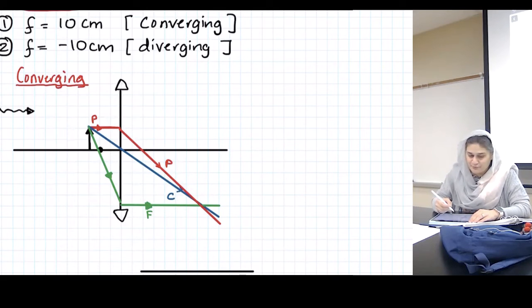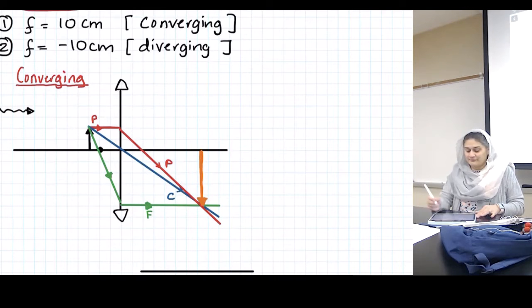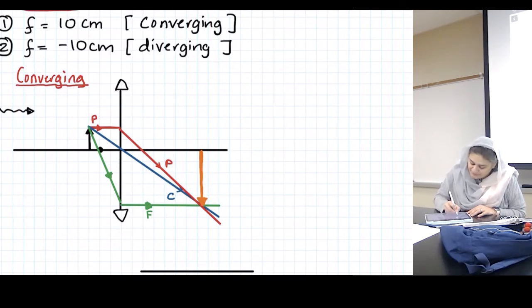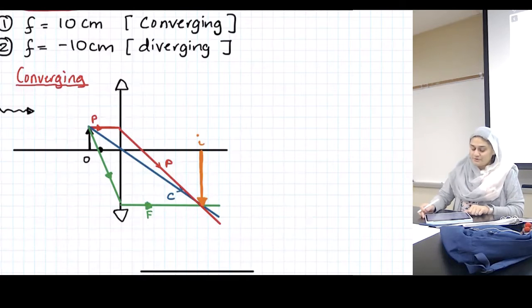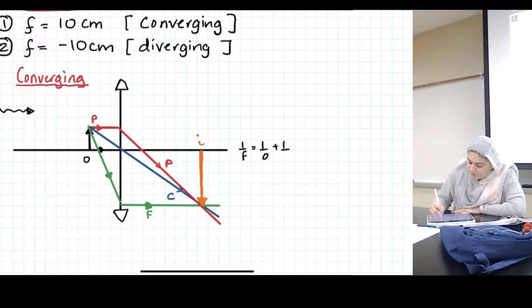And where will my image form? My image will form wherever these three meet. That's where my image is going to be formed. This is now going to be called object, and this is going to be called image. If I use my mirror equation, I can confirm this: 1 over f equals 1 over object plus 1 over image.